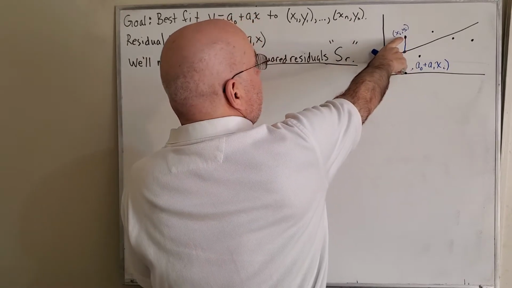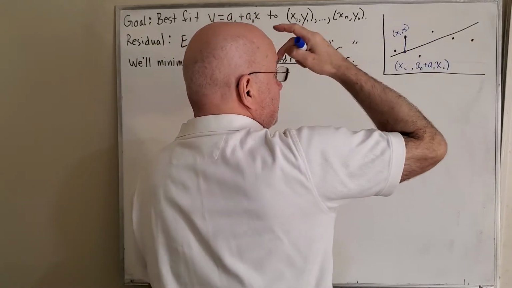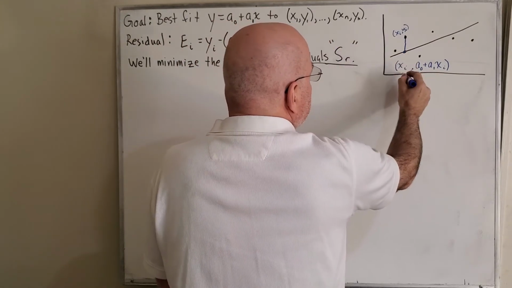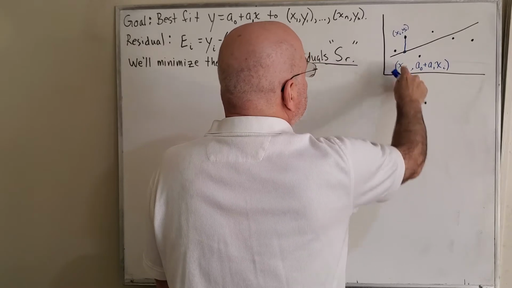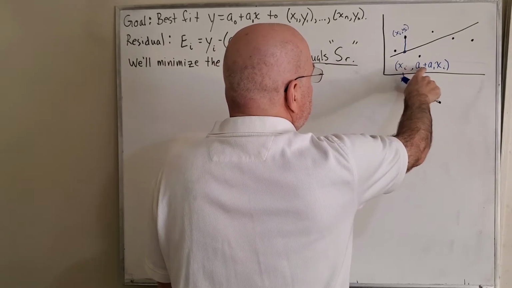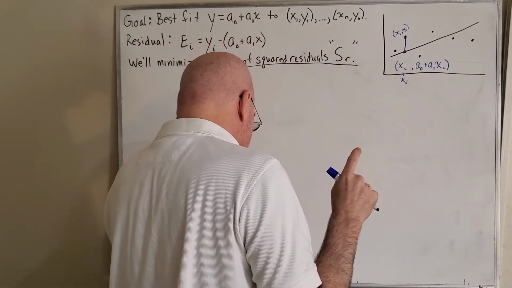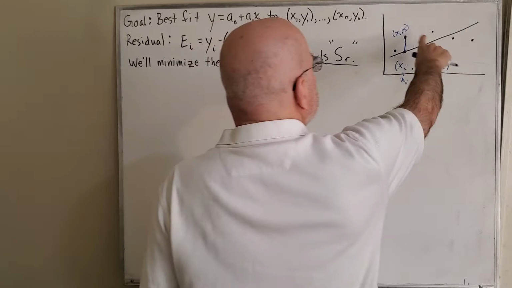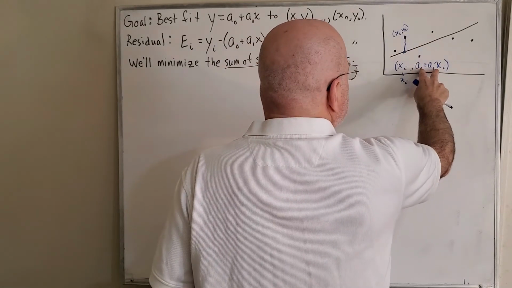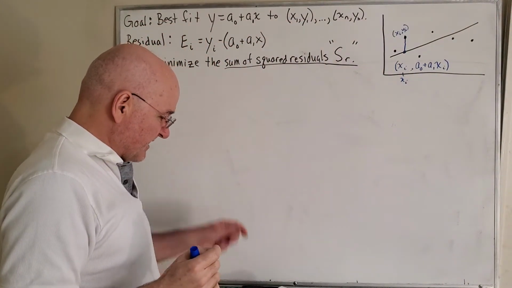That's the true value of the data given to us, but for the line that we're going to compute, this point would be our estimate at xi. This would be our estimate, and the height of that line, the value, is going to be this in our estimate, and that's the true value. So you'll see that our residual error is going to be the true yi minus this estimate, which is just the point on the line at xi.